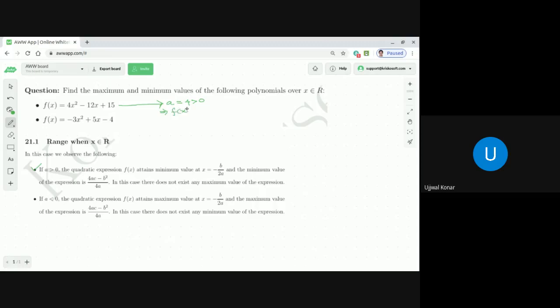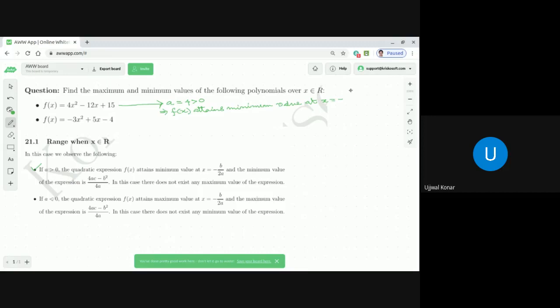So this implies fx attains minimum value at x equal to minus b by 2a. If someone already found the answer, please do let me know. What is minus b? Minus b is nothing but minus 12.